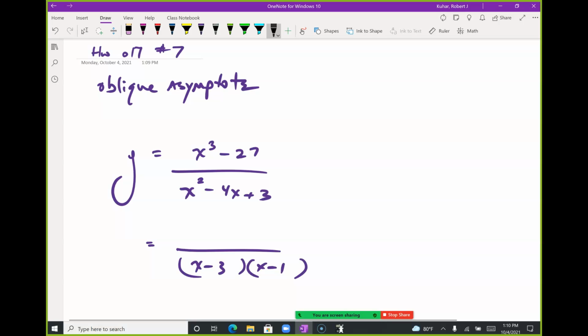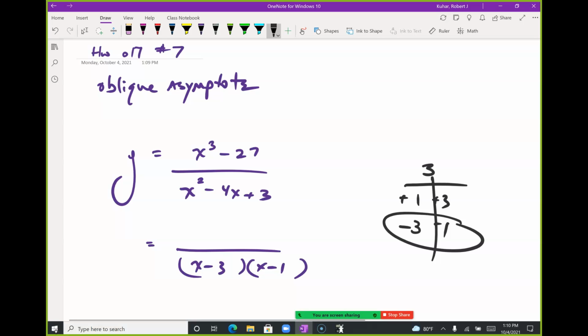Yeah, the factors of positive 3 that add to negative 4, right? Worst case scenario, you're doing the tree, right? 3 is 1 and 3 or 3 and 1, and they're both positive or both negative, right? And there it is.